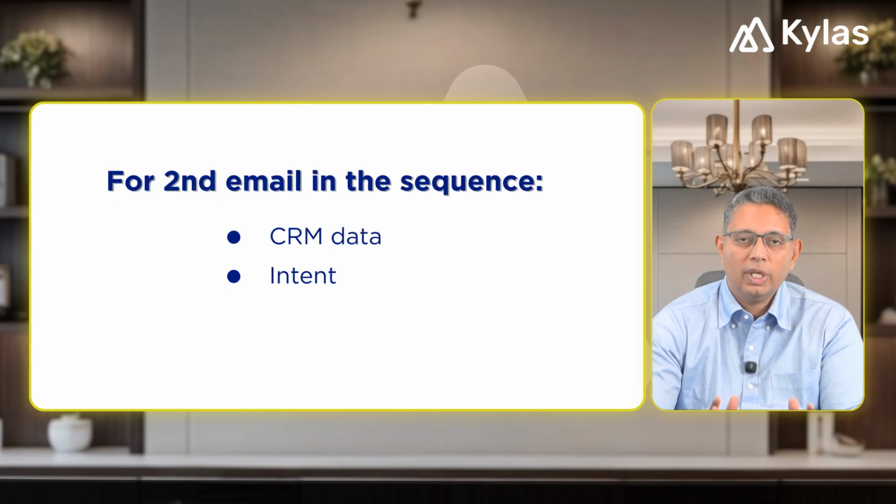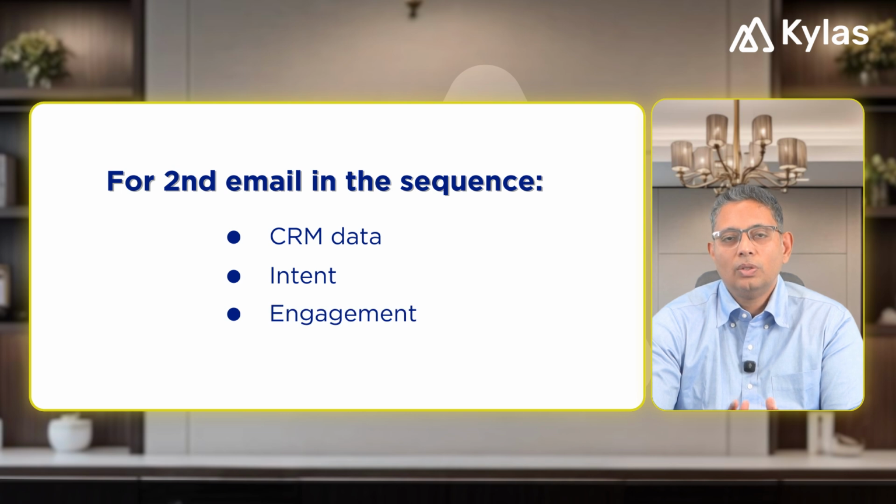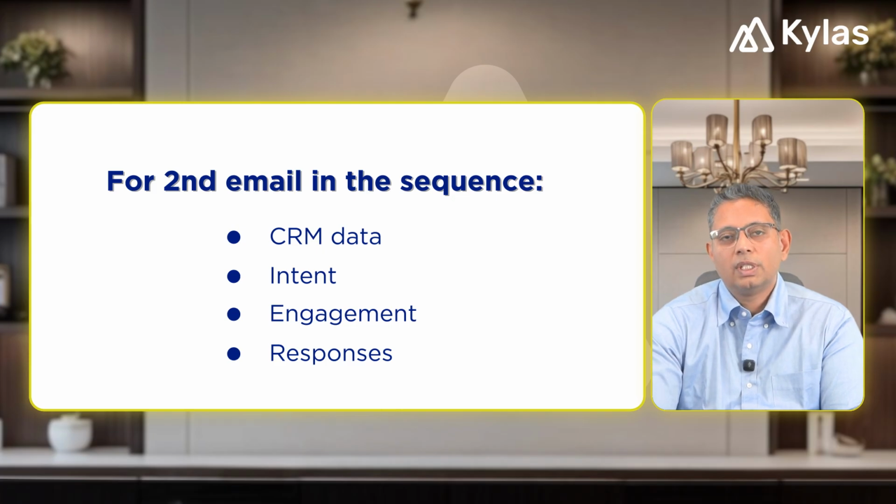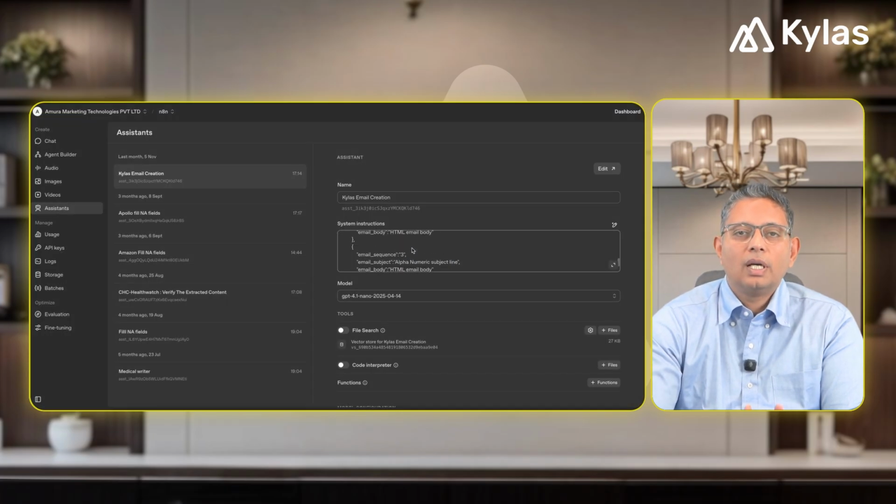You get how engaged the client is. You get the fact if they have downloaded any white papers, have they responded to industry research papers and all these things. And again, you go back to your LLMs and kick it in.